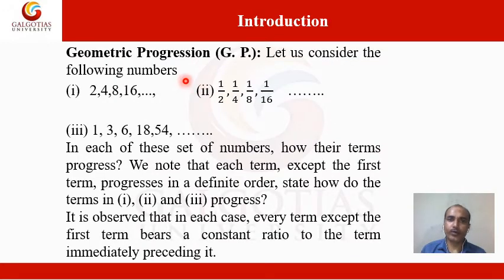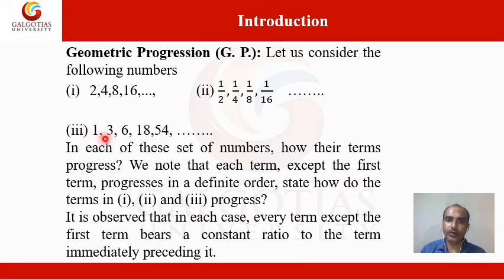Now we will discuss the concept of geometric progression in detail and in mathematical terminology. For this, let us consider the following numbers. First, the numbers are 2, 4, 8, 16. Second, 1 by 2, 1 by 4, 1 by 8, 1 by 16 and so on.